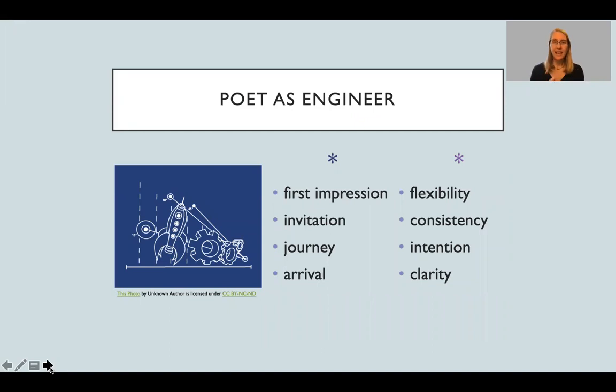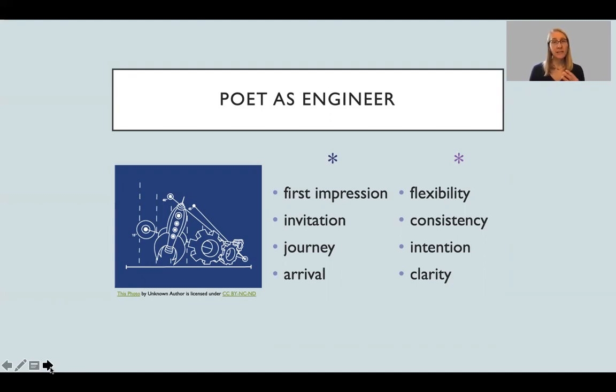Making intentional choices, creating a poem that leaves readers with a first impression, that invites them in, takes them on some sort of journey, if you will, and has them arrive at an intended place that ideally the reader will feel satisfied by. There'll be some sort of sense of resolution for them when they get done reading.